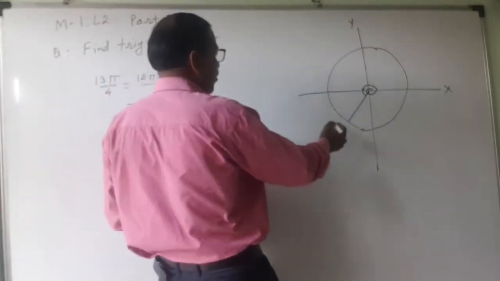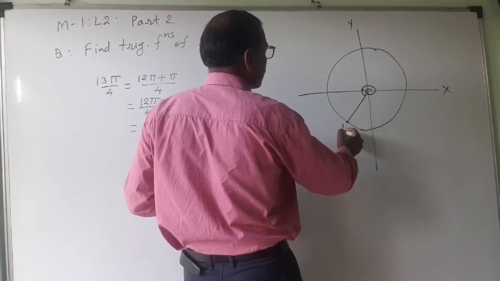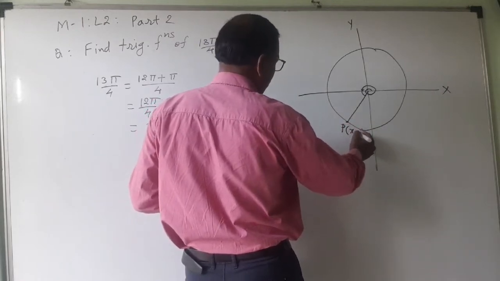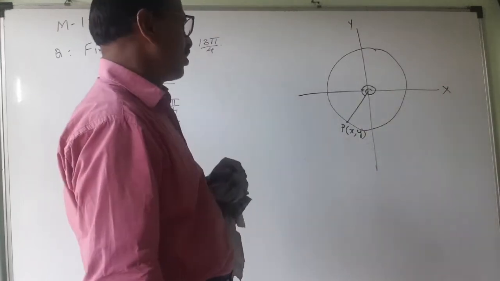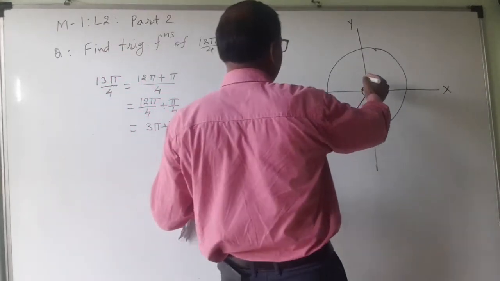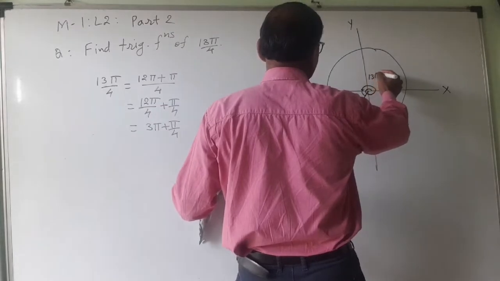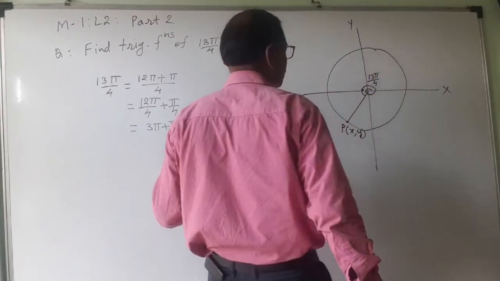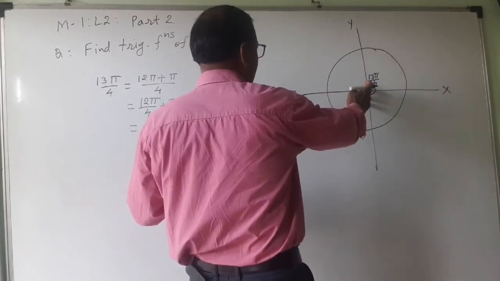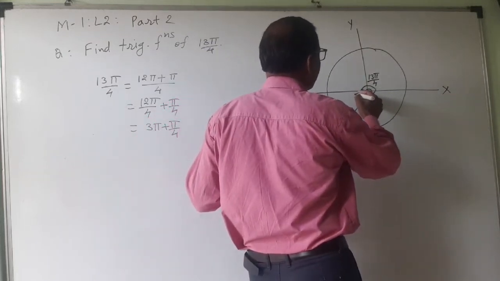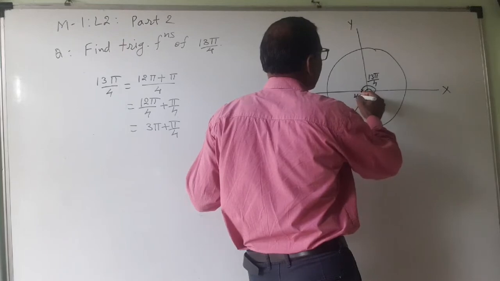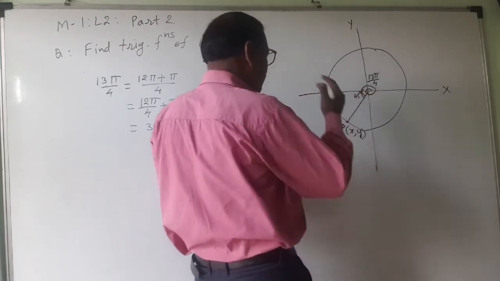So this is that point P. Point P, the coordinates we are taking x comma y, and I have told you this is nothing but 13 pi by 4. This total angle is 13 pi by 4. Out of that, this much is 45 degrees, meaning pi by 4.